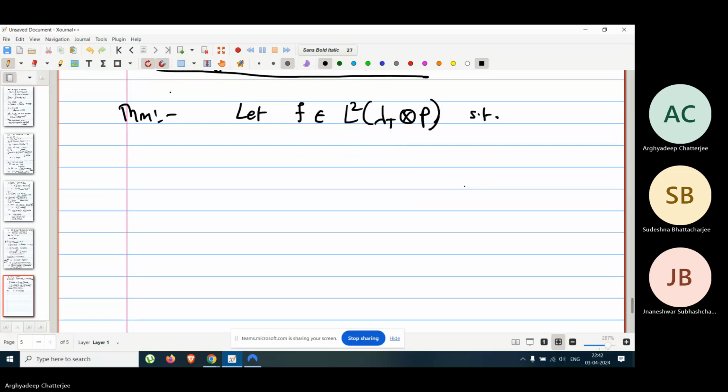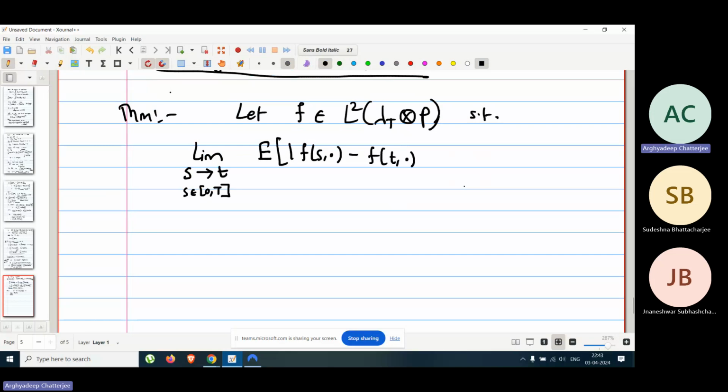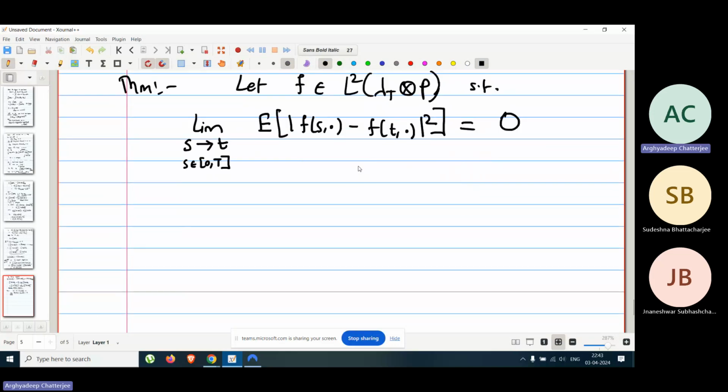Such that we have the limit as s converges to t, where s is chosen from 0 to t, of the expectation of (f_s minus f_t) squared equals 0.